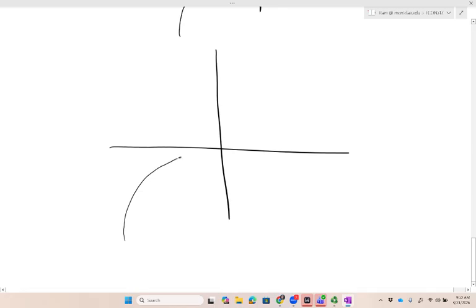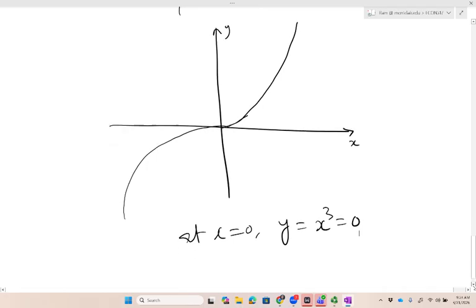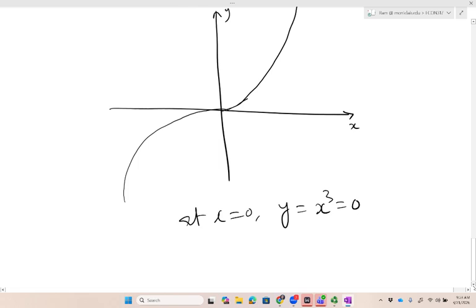I will be careful, and it is a smooth graph. So I have x here, I have y here, and so at x equal to 0, y, which is x cube, equal to 0. That's one. But note, this function is strictly increasing. Y equal to x cube is strictly increasing. It never goes down.